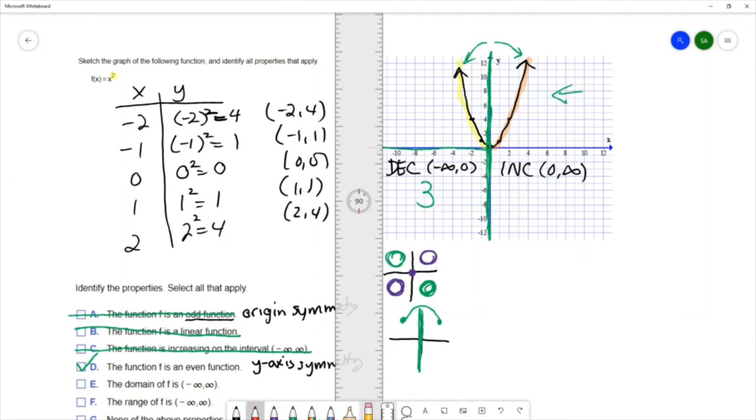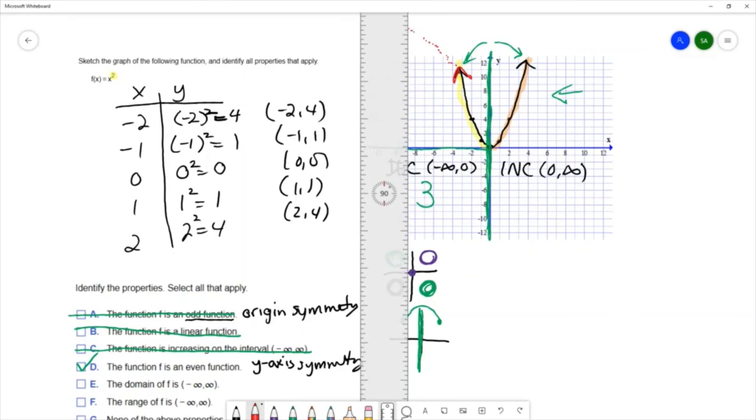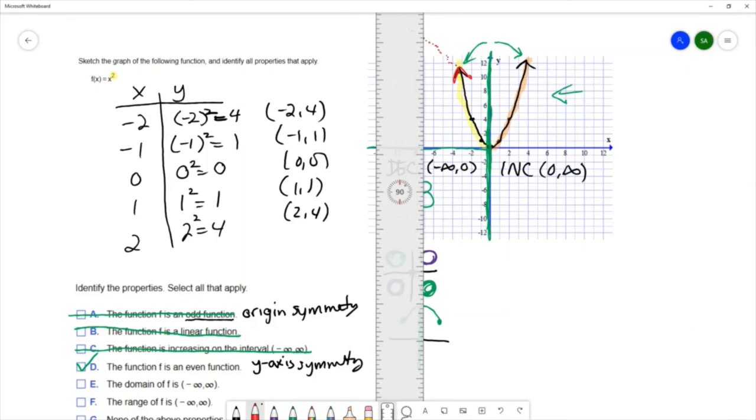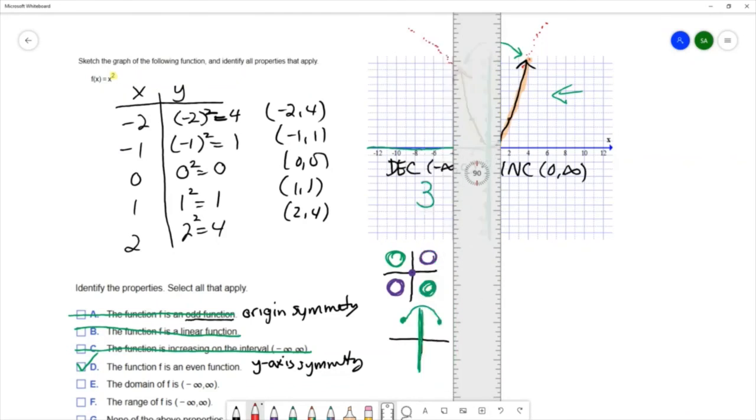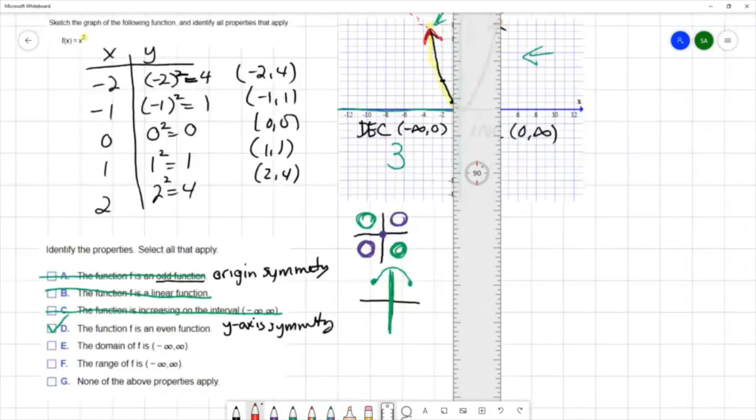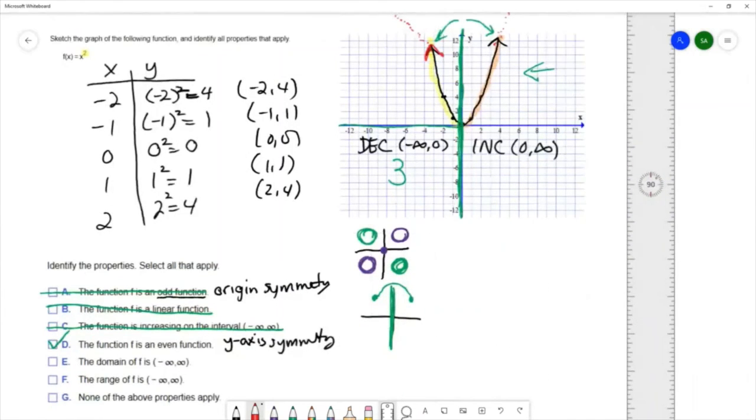Because this line goes on forever, going further and further left the higher and higher we see it, the domain would start at negative infinity, and because it goes further and further right, the domain would stop at infinity. So my domain in this example would go from negative infinity to infinity, and so this property is true. I would keep that one.